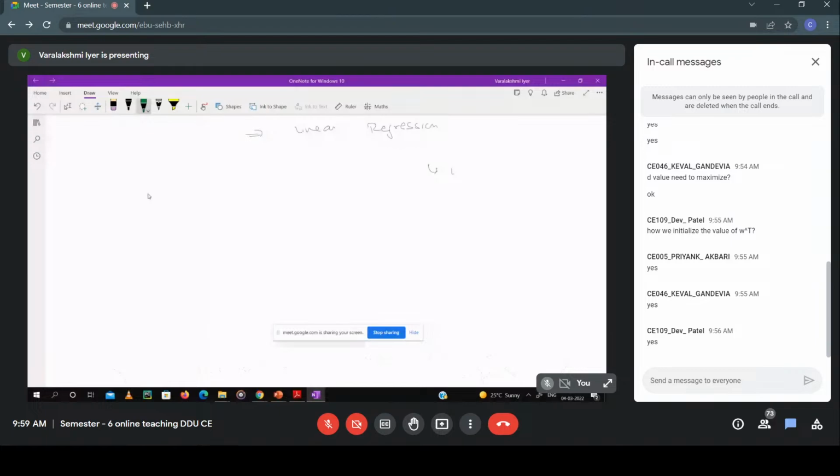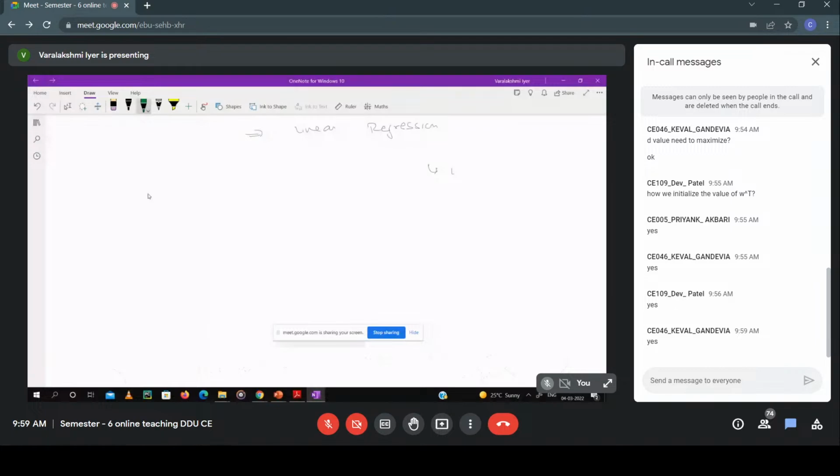Can I say this? Yes or no? Okay, so ultimately we are trying to minimize W by 2 given the constraint Yi into W transpose Xi plus B greater than or equal to 1. So this is our optimization problem that we are going to solve.